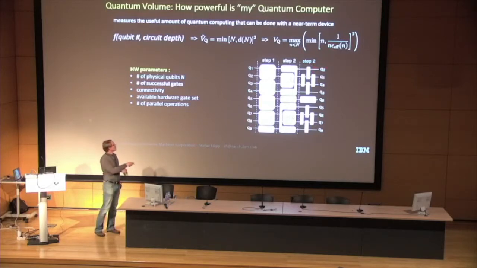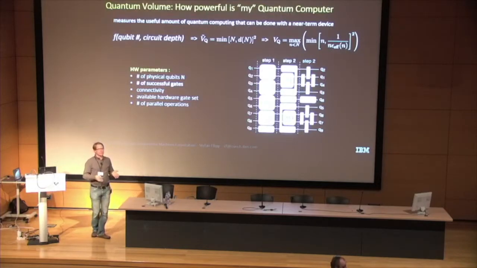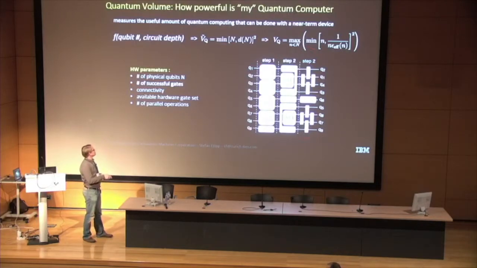So that means one effective step takes many more gates. So that's why this effective error rate might be different to the real physical error rate. And with this number, one can play around and characterize the quantum volume, so to say the power of a quantum computer.